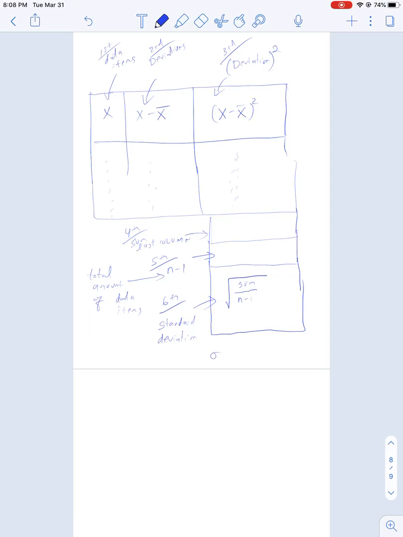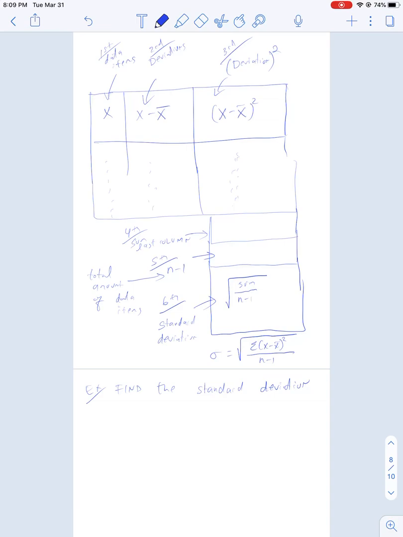In other words, we could say sigma equals the square root of the sum of that last column divided by n minus 1. That's our standard deviation, that's the formula for it. But we're going to break it up in these 6 steps. So, 6-step process.